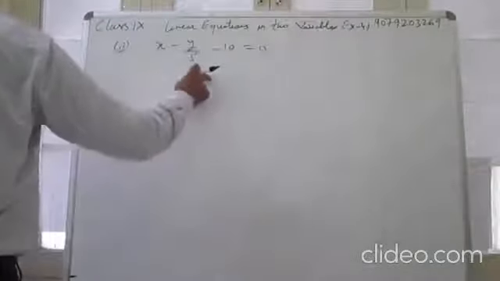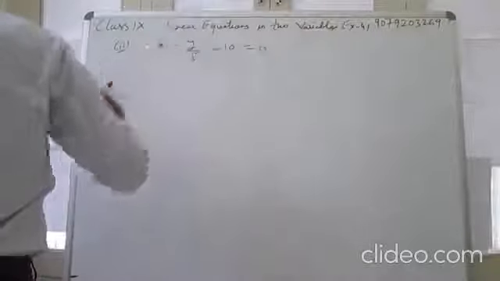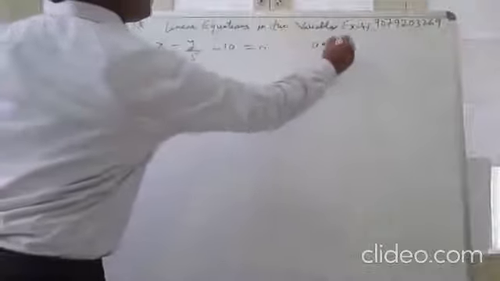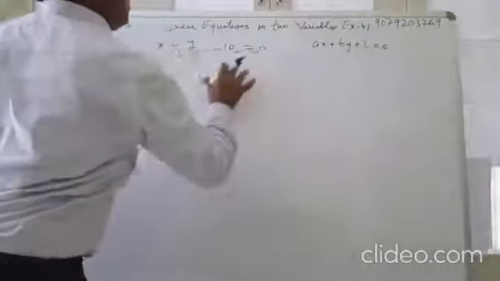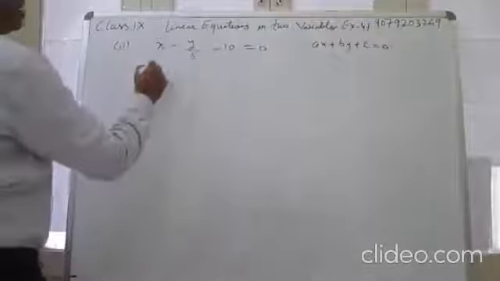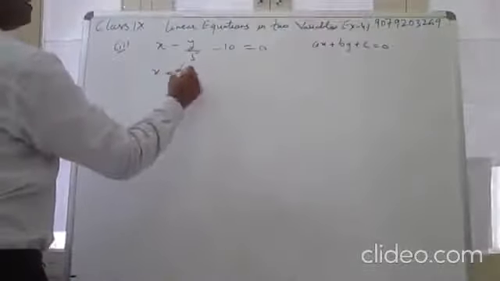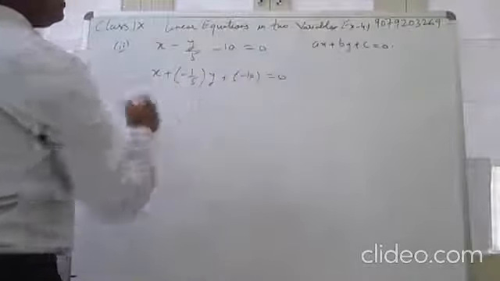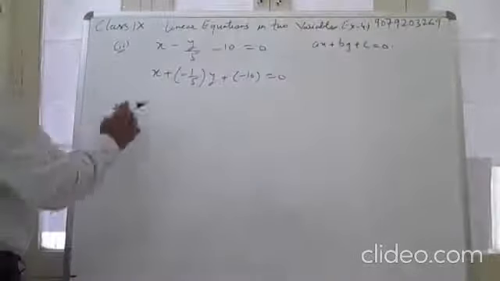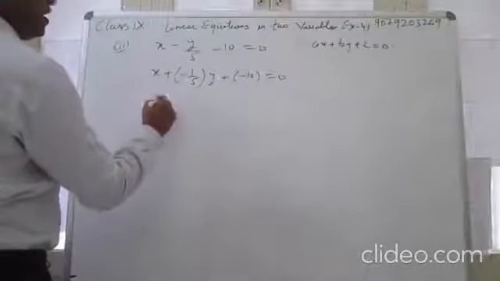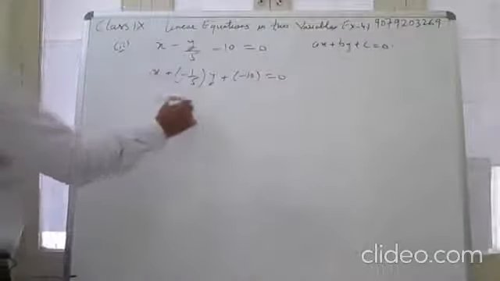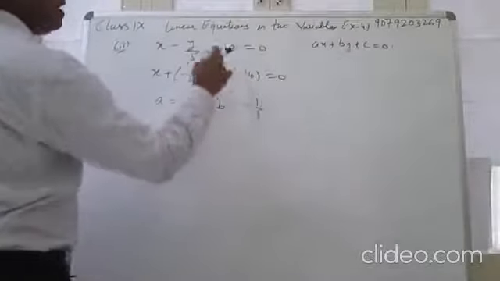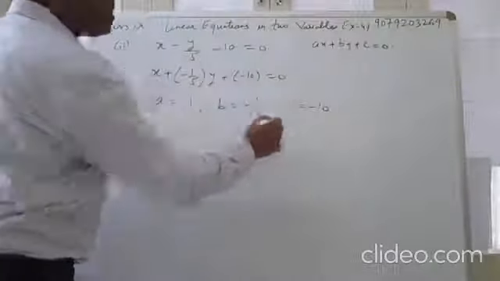Convert into the form ax plus by plus c is equal to 0. It is already in this form. You can write it this way also: x plus minus 1 upon 5 y plus minus 10. Now it is easy for you. What is the coefficient a? 1. What is b? Minus 1 upon 5. And what is c? Minus 10.